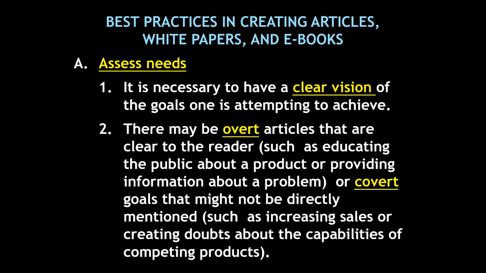They might not be directly mentioned as you're writing in the document. Things like increasing sales or creating doubts about the capabilities of competing products, whatever it may be. So it's kind of the underlying hint, intentional sort of things when you're trying to write in a more covert fashion, as opposed to overt, here it is, plain for everybody to see.